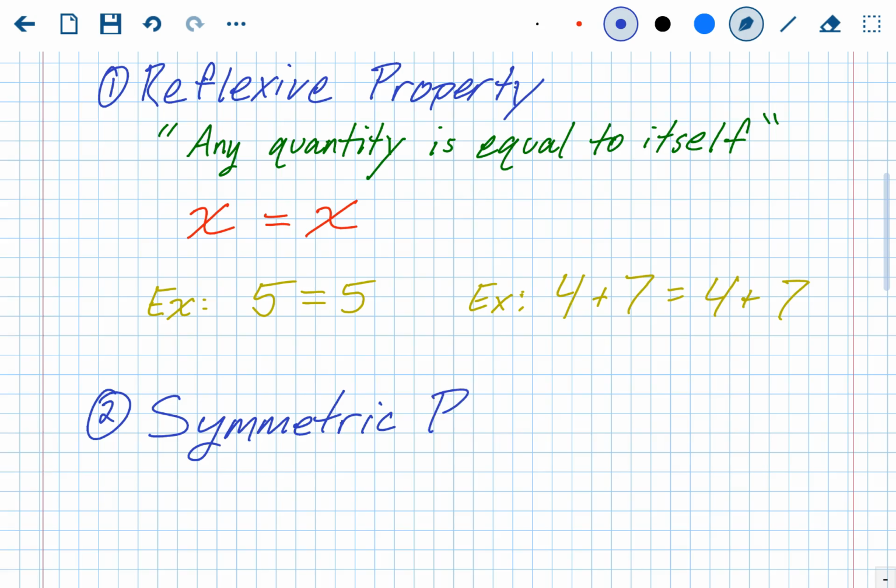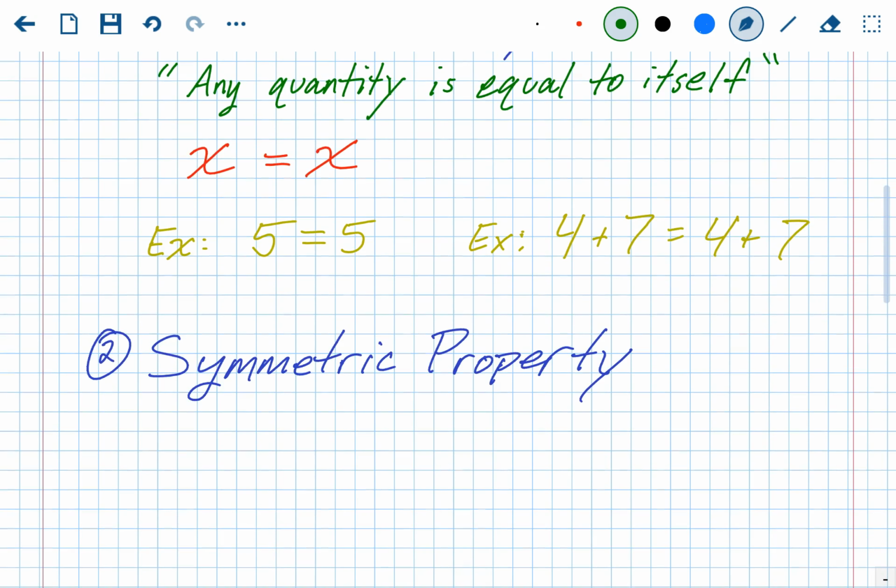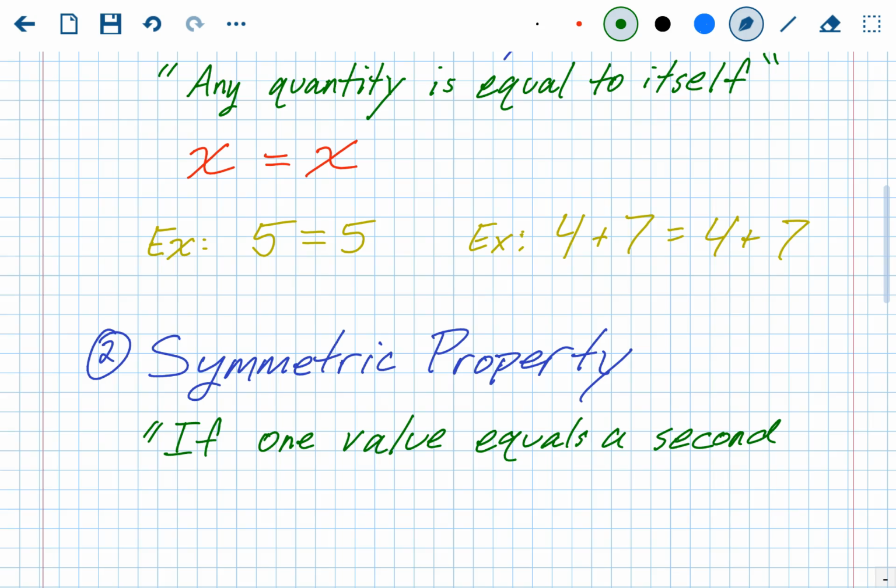The second property is the symmetric property. So it's slightly less silly than reflexive, but we'll see. The symmetric property states that if one value equals the second value, then the second value equals the first.